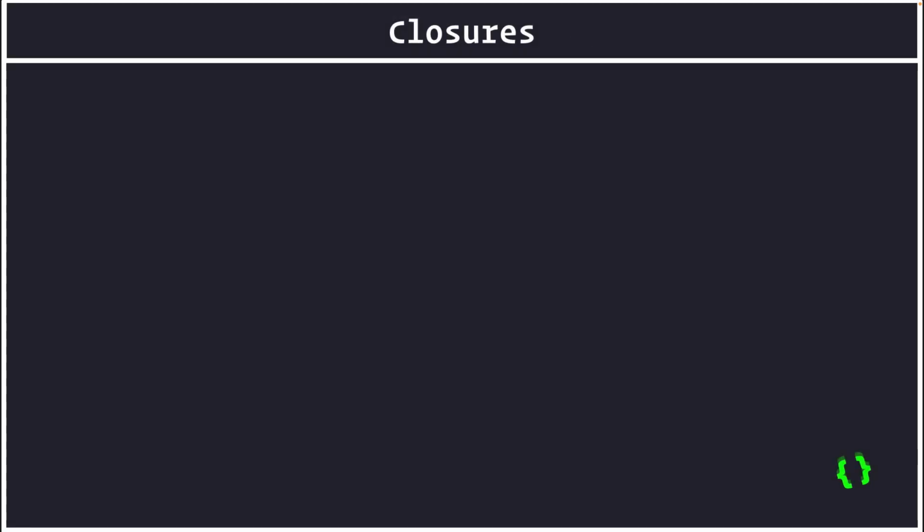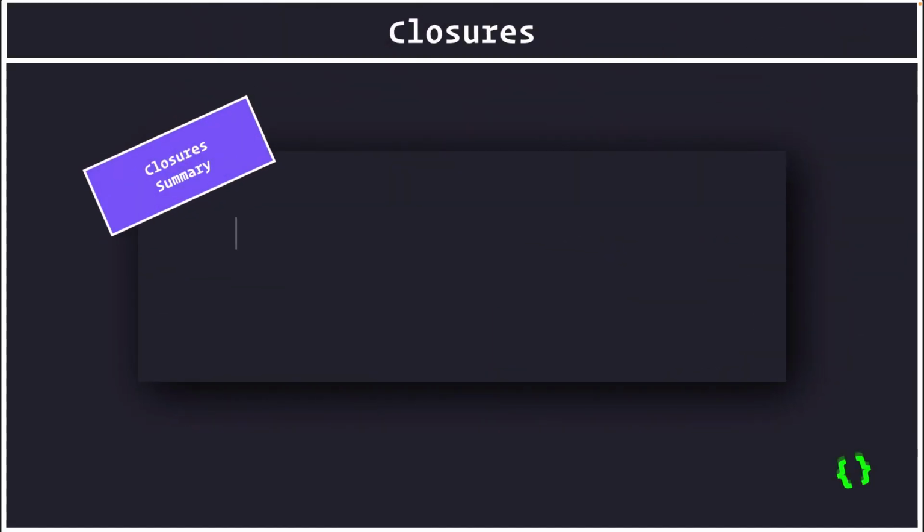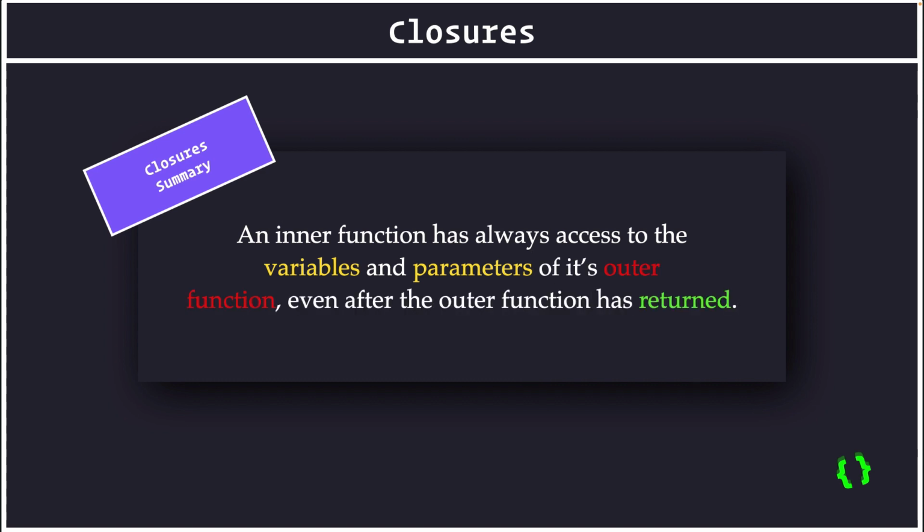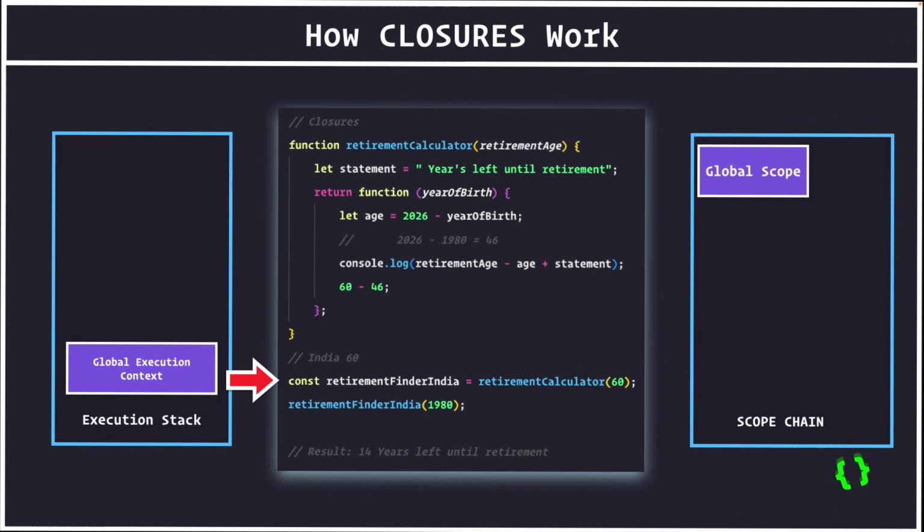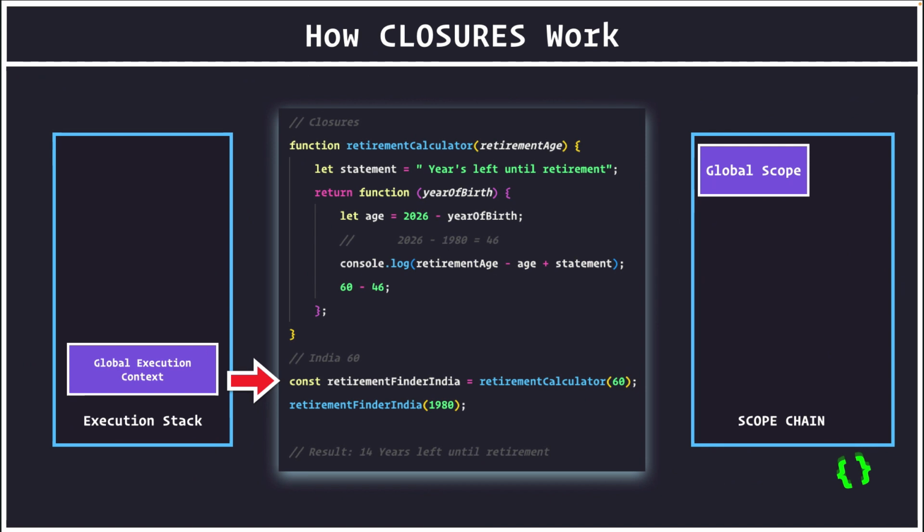So you can summarize closures by saying an inner function always has access to the variables and parameters of its outer function, even after the outer function has returned. So let's draw the analogy of what happens when we call our retirement finder function. We know that a new function gets a new execution context that is put on top of the execution stack.